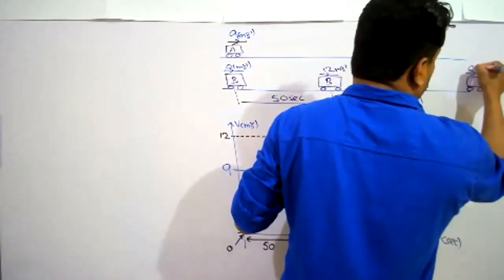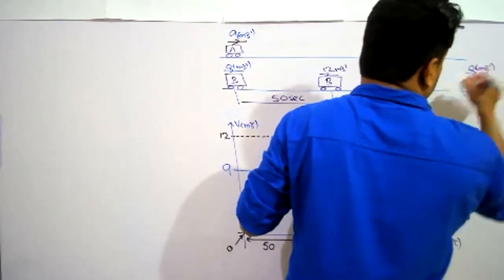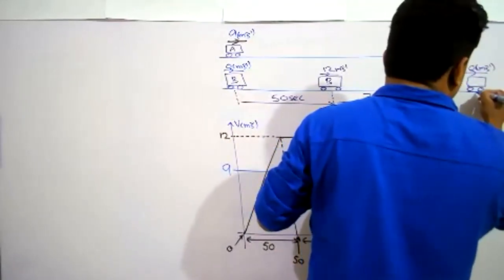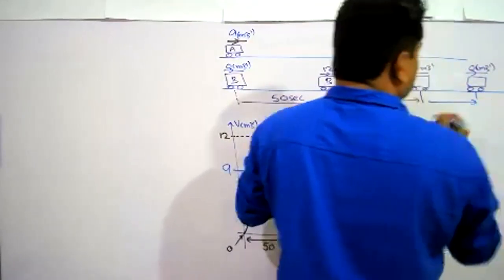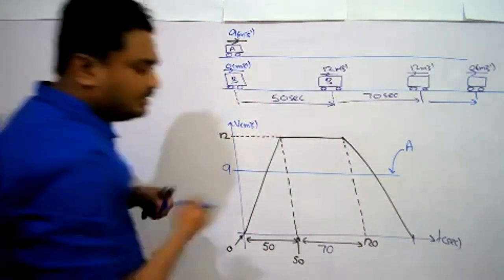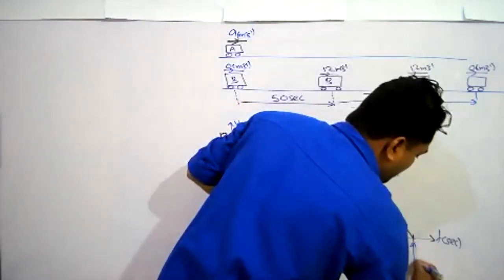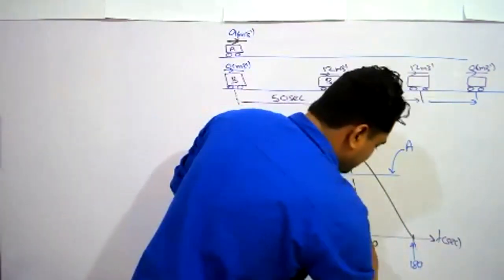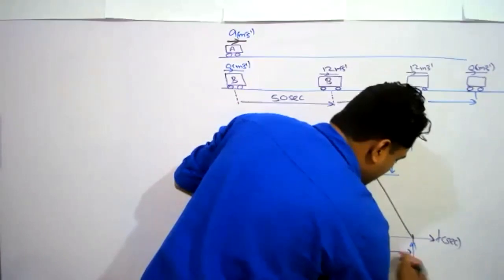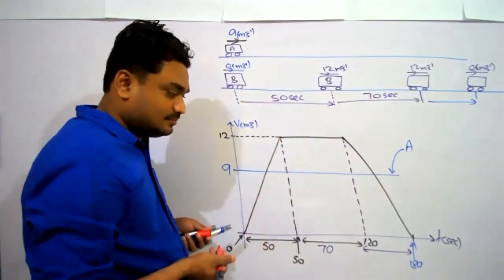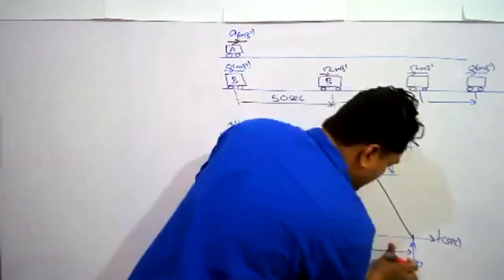During the entire time period, this is 120 and 180. If this is 180, what should be this gap? 60. Very good.